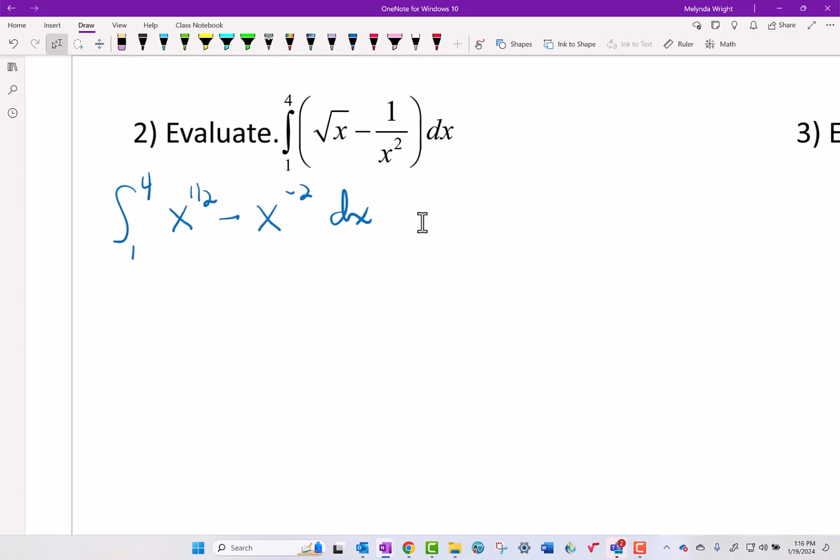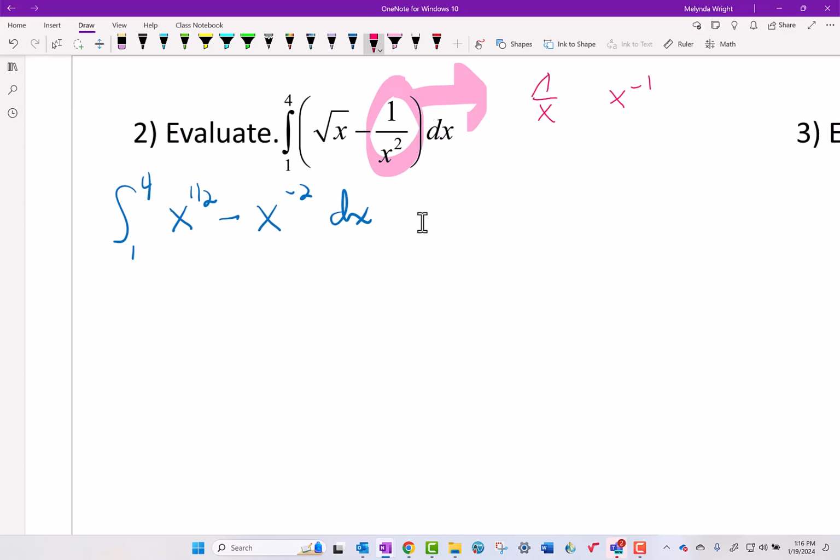Now I want to caution you. What if this was just 1 over x? Would it help me to rewrite this as x to the -1? No, it would not. Because when I add 1 to -1, I get 0, and I divide by 0, and we don't divide by 0. That is a different rule altogether.